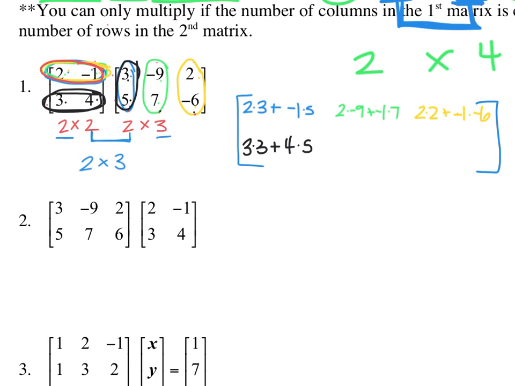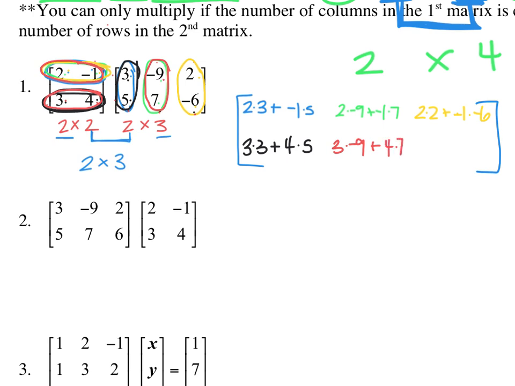For the second one, we're going to do 3 and 4, and then that negative 9 and 7. So it's going to be 3 times negative 9 plus 4 times 7.